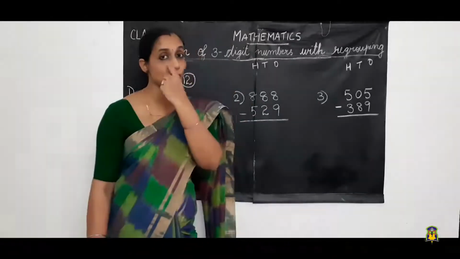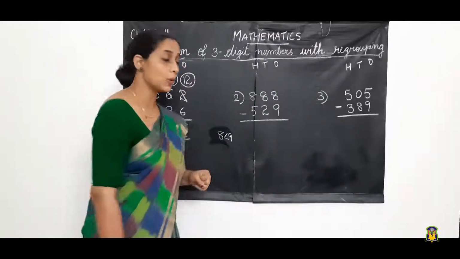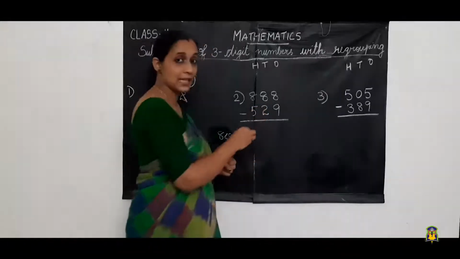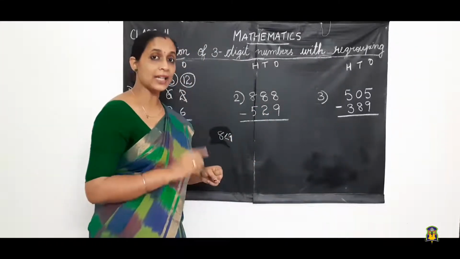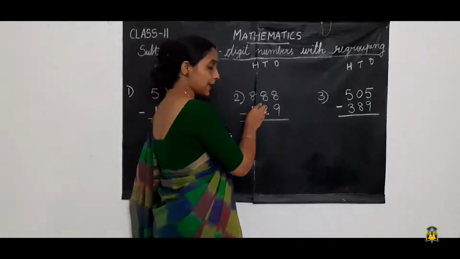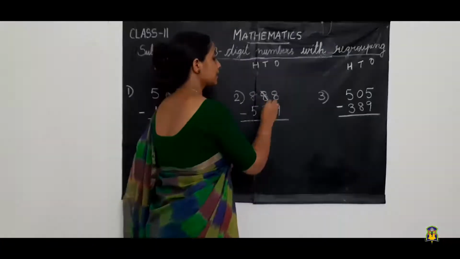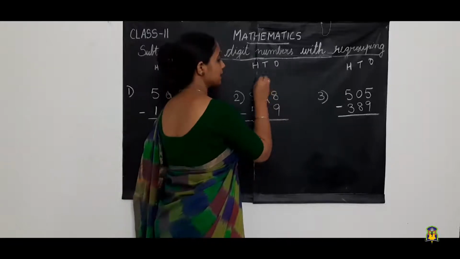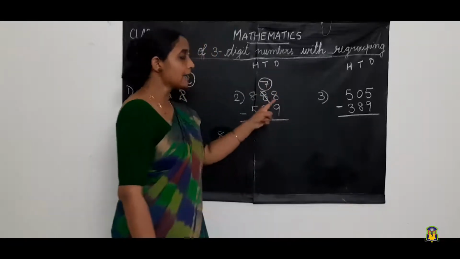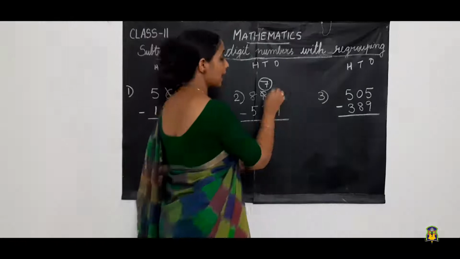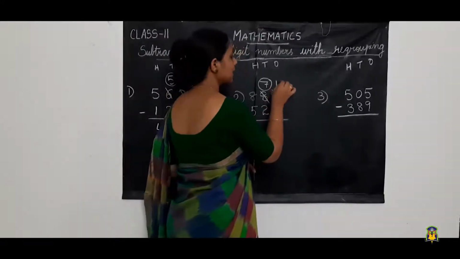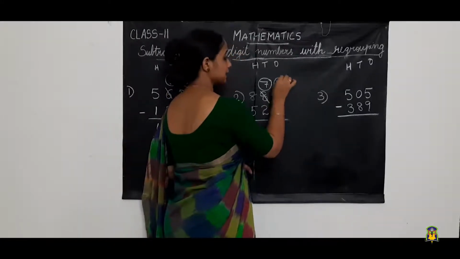So what we have to do? We have to borrow. So from tens place we are borrowing 1. In tens place the digit 8 will become what? 7. Okay. And 8 in ones place will become 18.